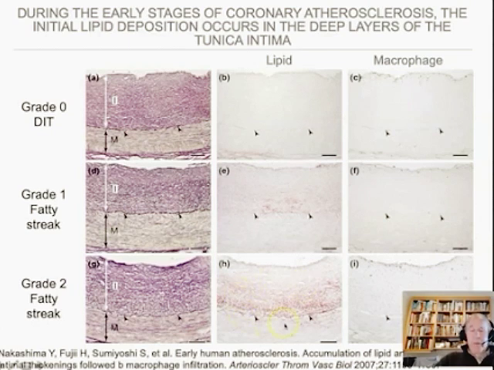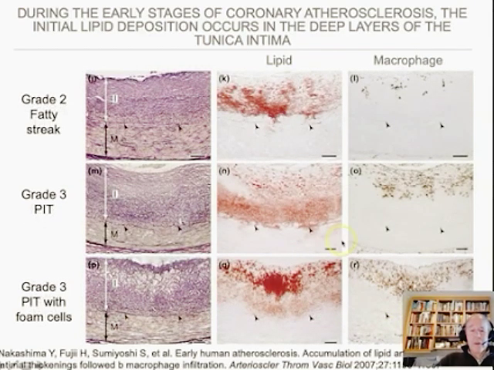There's more lipid, but the lipid is accumulating deep in the intima, not at the surface, which is where it should be accumulating if the cholesterol is coming directly across the endothelium. And then macrophage accumulation is also a factor in this disease, and the arrows indicate that the macrophages are pretty absent in the first 3 stages.